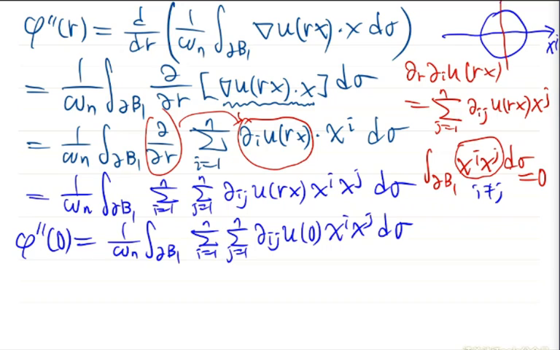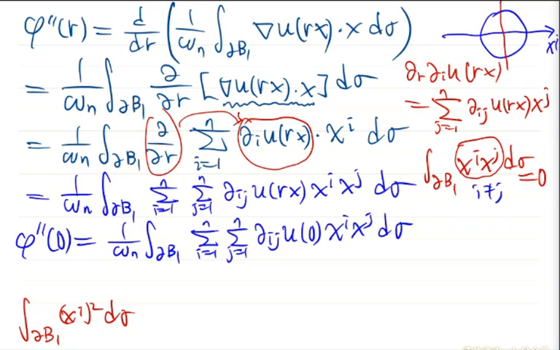Okay, and also we know the integral over the unit sphere when i equals j, that is x_i square. Of course, the integral of x_1 square equals the integral of x_2 square, and equals the integral of x_n square over the unit sphere.